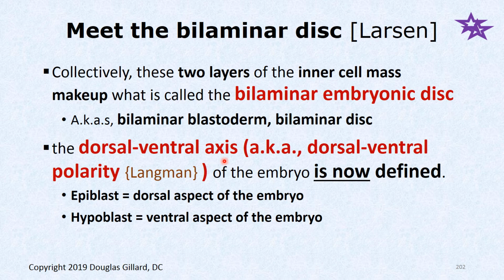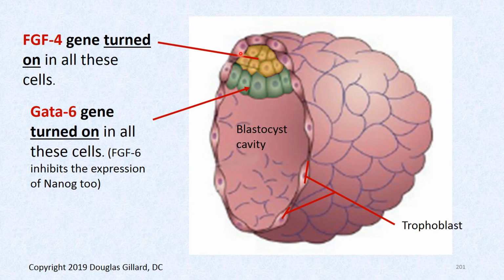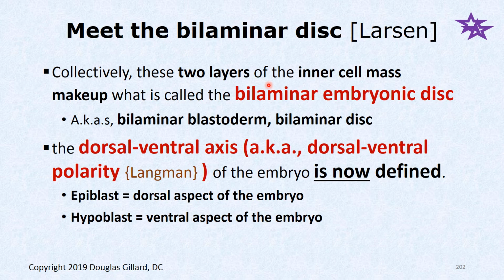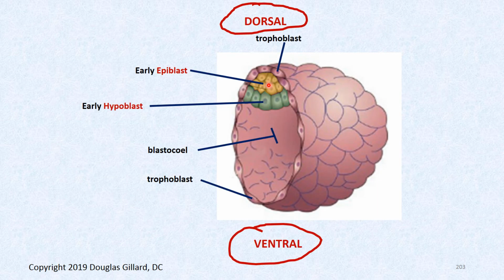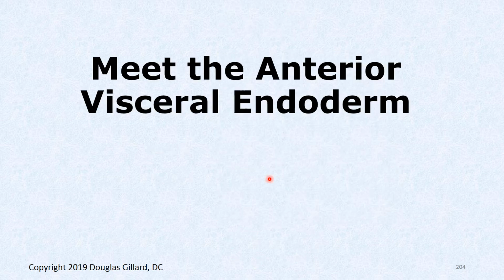How has it been established? Once we have segregated the inner cell mass into an epiblast and hypoblast. All right. Epiblast, hypoblast, dorsal, ventral.